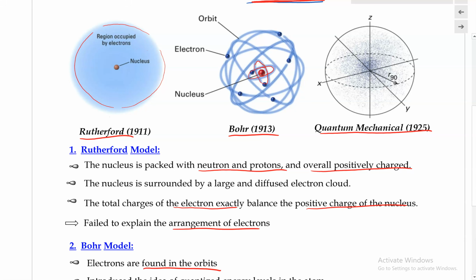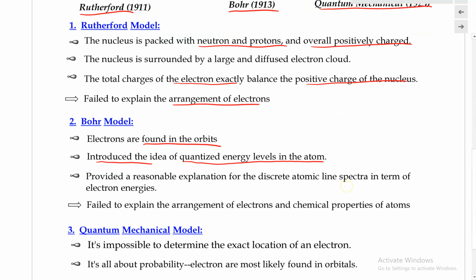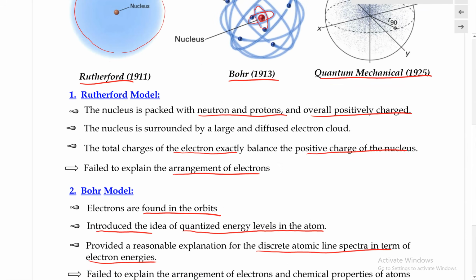That's what the term quantized means: it has to be a certain value, but can never be in between the values. The Bohr model provided a very reasonable explanation for the discrete atomic line spectra in terms of electronic energies, and we will discuss the atomic spectra in a little bit and how that helps support the Bohr model of the atom.